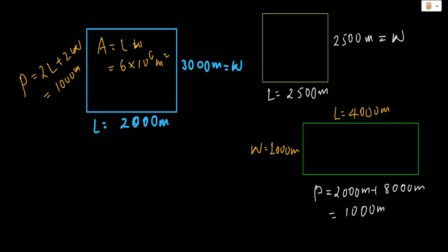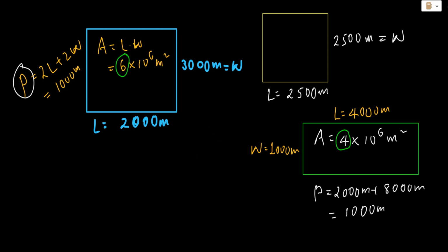So the perimeter is the same as the first rectangle, which is given by the question. But the area, length times width, 4,000 times 1,000, gives 4 million square meters. You can compare the area of the first, 6 million, and the second, 4 million. So the first rectangle is greater with the same perimeter.